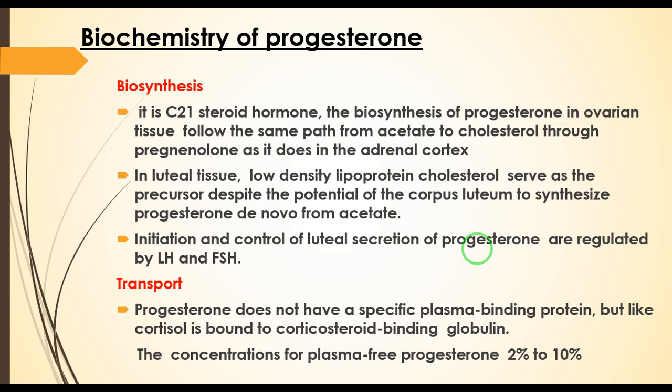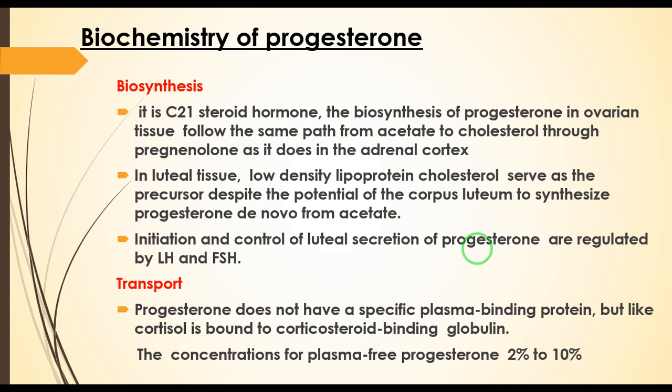Progesterone is another sex steroid hormone synthesized by the ovary, and it follows the same pathway as in the adrenal cortex. We have the same steroidogenic pathway starting from cholesterol, as was shown in the previous scheme, and it can be synthesized from cholesterol or from low density lipoprotein.